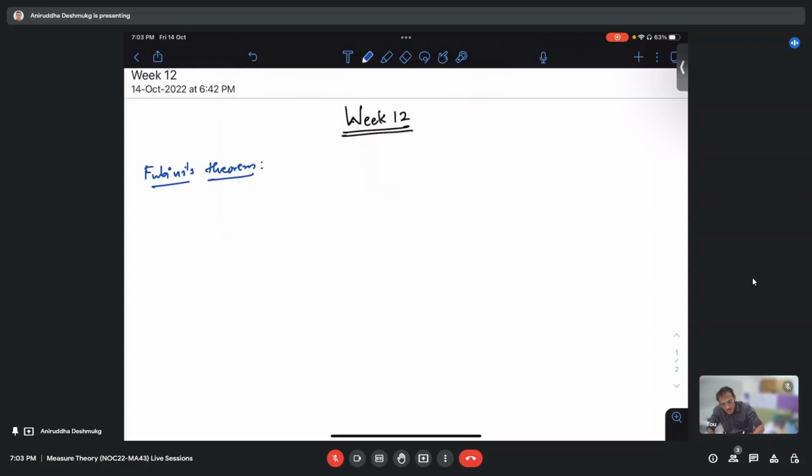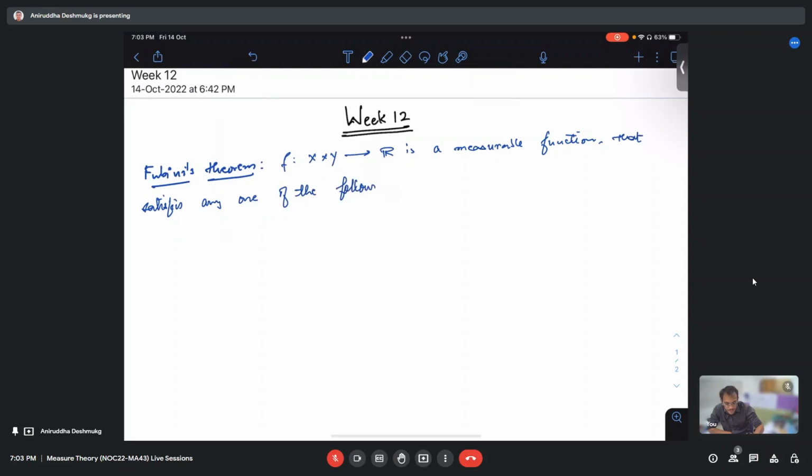So what it says is, suppose f from X cross Y to R is a measurable function, and that satisfies any one of the following. The first condition is that f is non-negative.